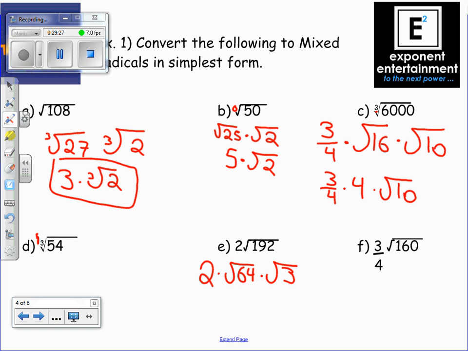I know you guys know the answer to this. What do we do with our coefficients? We multiply them. So, 3 over 4 multiplied by 4. What's that give you? 3. The answer is 3 square root of 10.